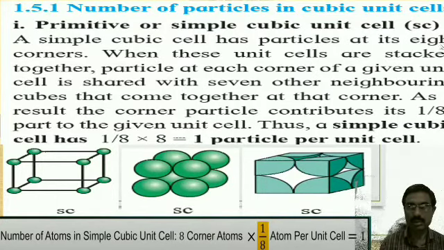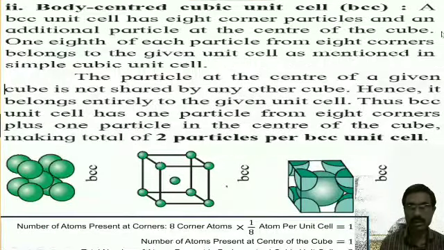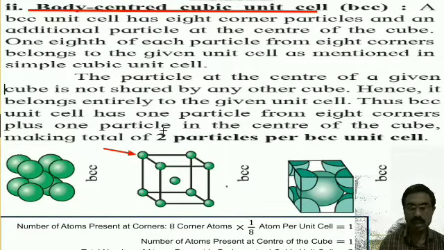The next type is the body centered cubic unit cell. In the figure of the body centered cubic unit cell, 8 particles are present at the corners and 1 particle is present at the center of the cubic unit cell.